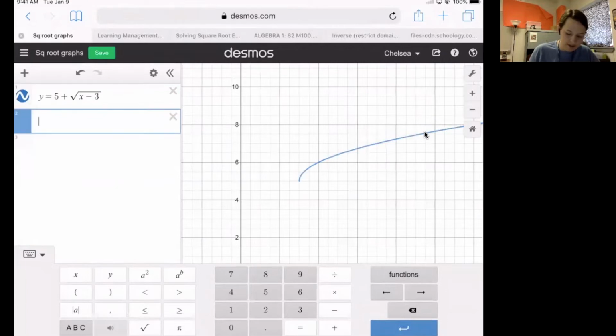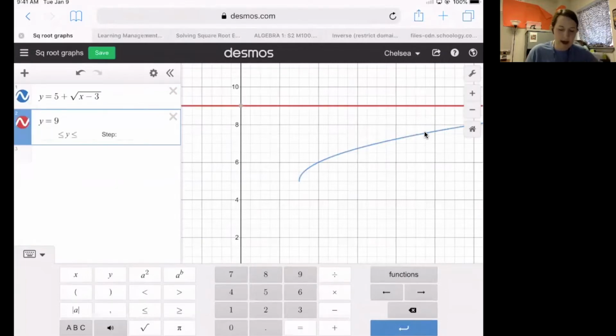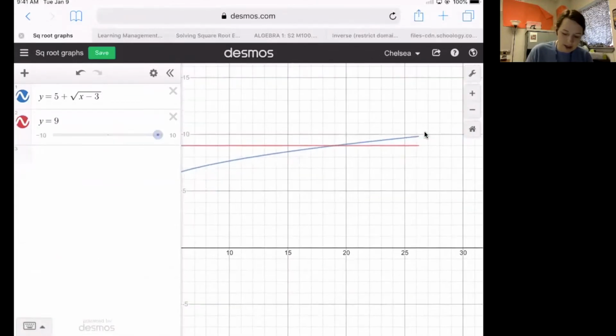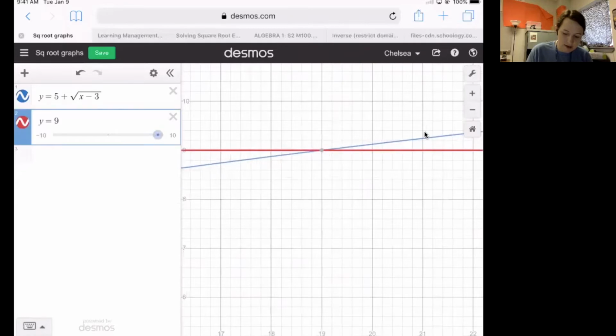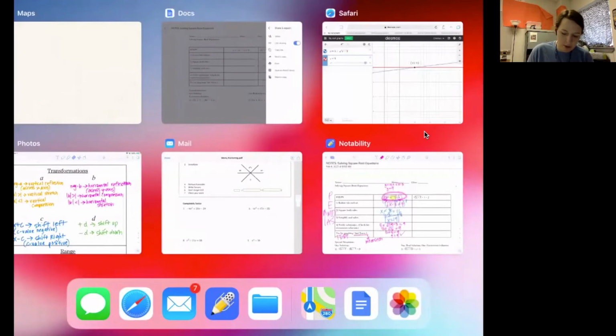And then we said for our second one, we wanted to type y equals 9, the right side of that equation. Okay, and we're looking for an intersection. I see an intersection right here. So I'm going to tap that. And I see that it occurs at the point 19, 9. So remember, your solution is always the x value from that ordered pair.